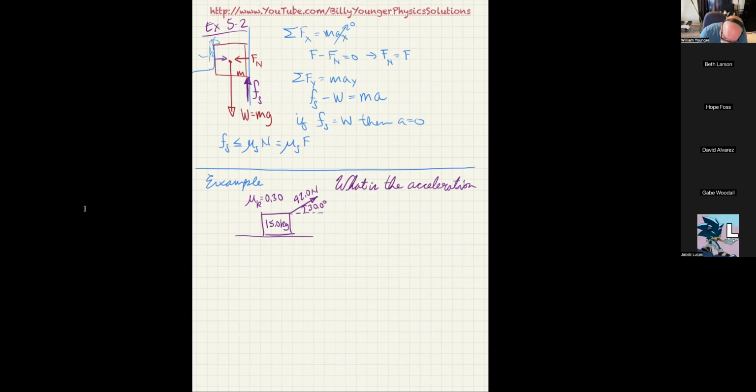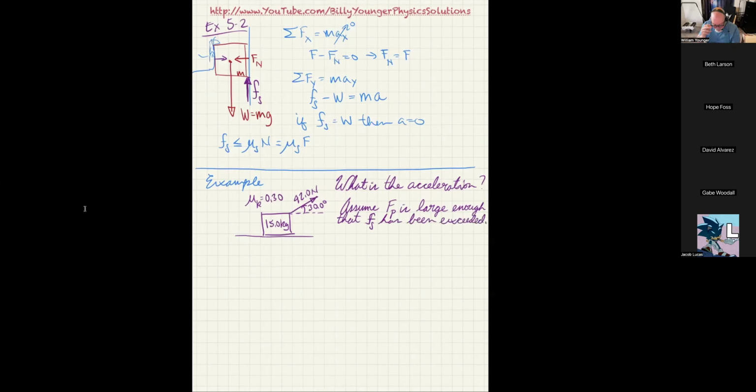So we go on the assumption, assume FP is large enough that F static, I should write it as a script F, is large enough that the static friction force has been exceeded.